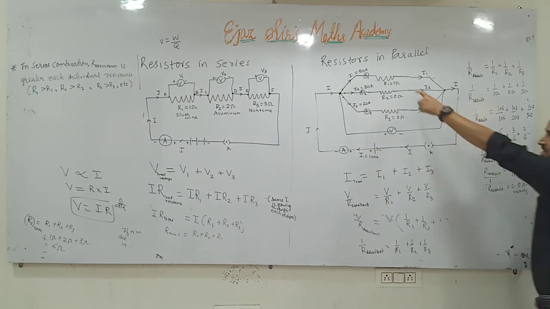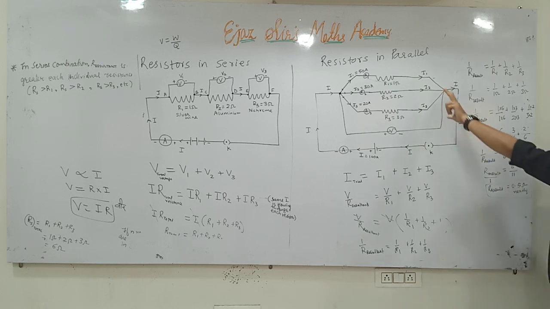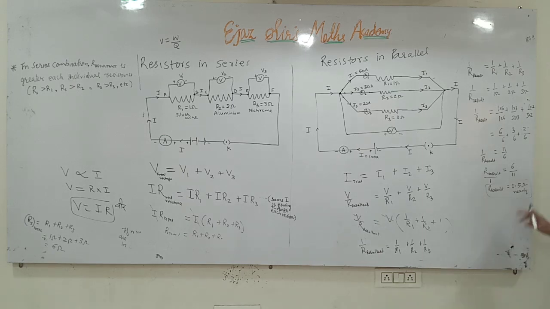Though we are connecting three resistors, their value is 0.5 ohm. So instead of these three resistors, we can connect only a single resistor having resistance 0.5 ohm.